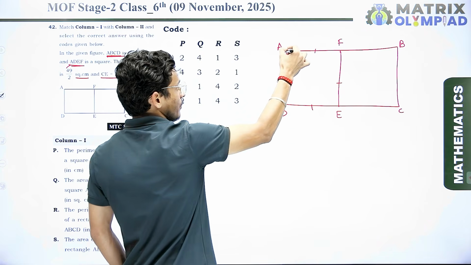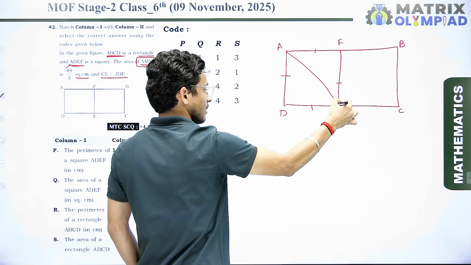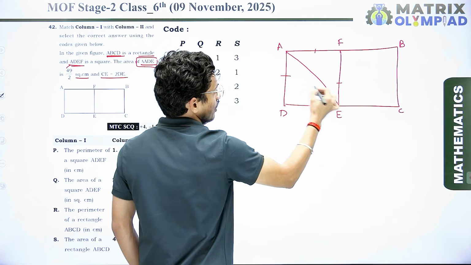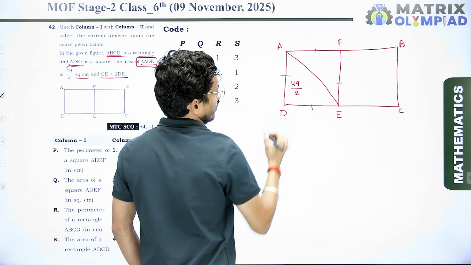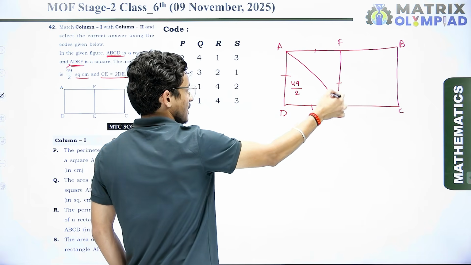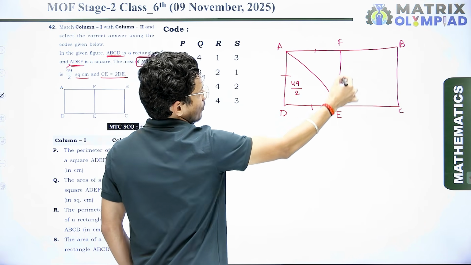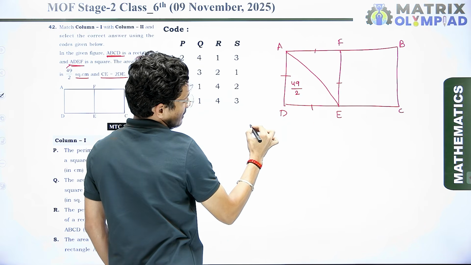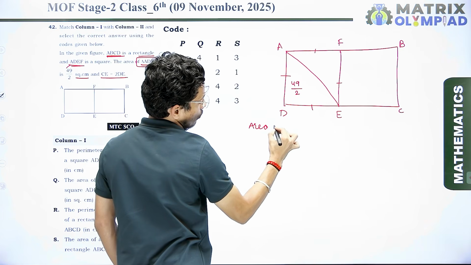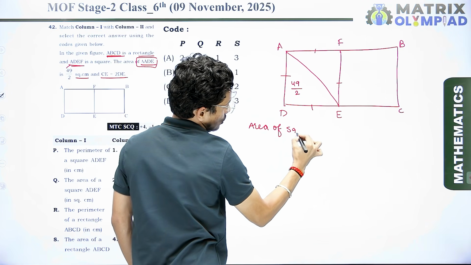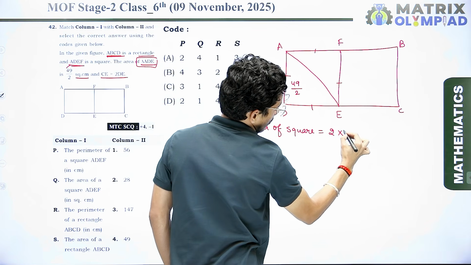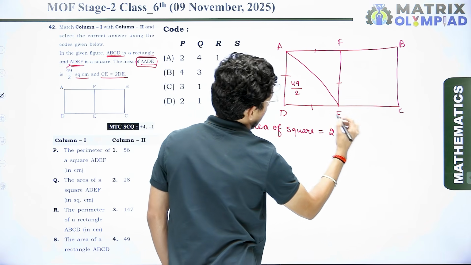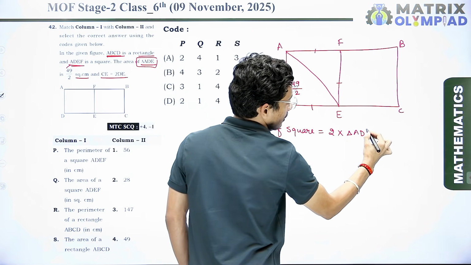Area of triangle, we draw a line segment AE. So area of triangle ADE is equal to 49/2 square centimeter. So we know this triangle is the half part of the square. So I can say area of square is equal to 2 times the area of triangle ADE.